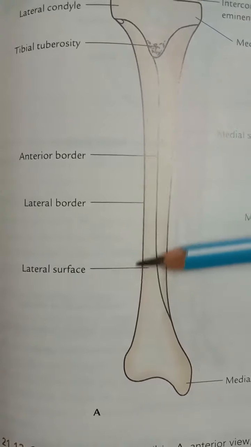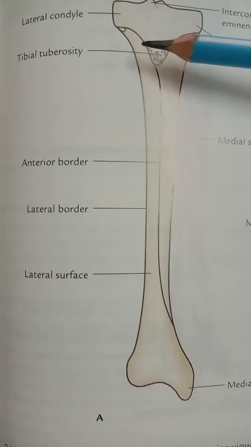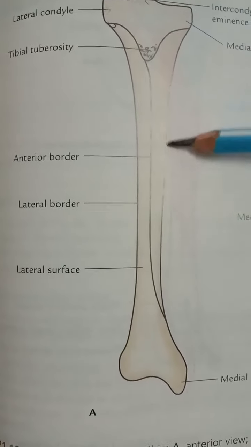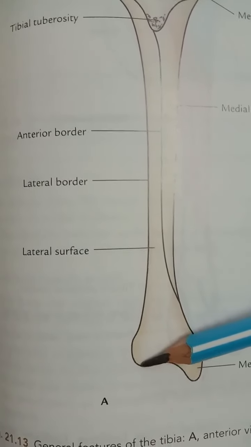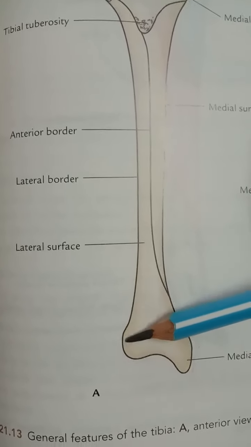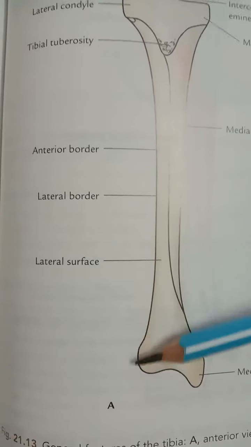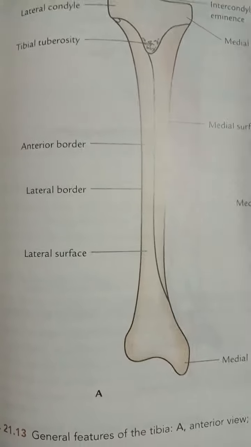The lateral border is also called the interosseous border, and it extends from the lateral condyle, goes downwards a little below in front of the fibular facet to the anterior border of the fibular notch.